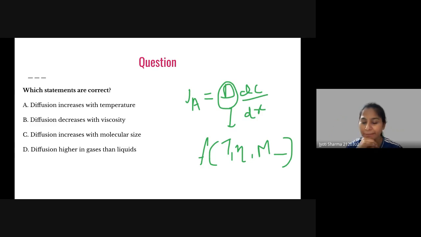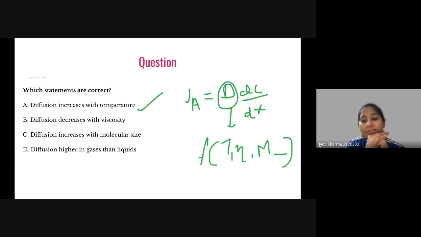If we have high temperature, then diffusion will increase. I'm just giving you the example that, let's say within air you have carbon monoxide and you have nitrogen dioxide. Increasing the temperature will help in stirring it and help it mix fast. So diffusion will increase with the temperature. This one is the right one.